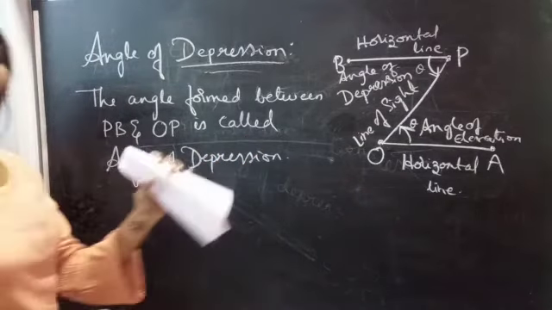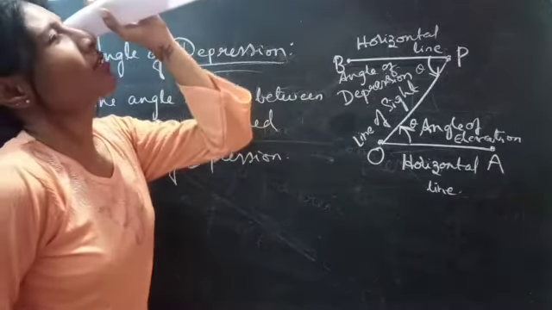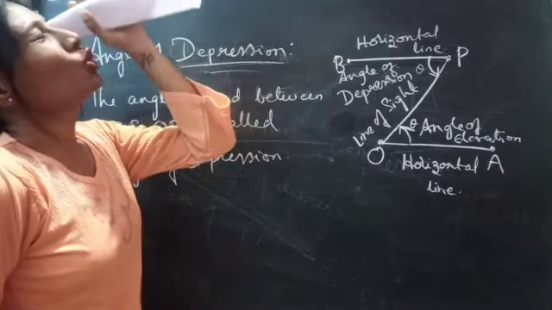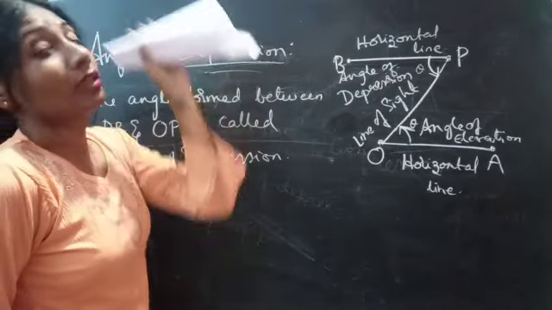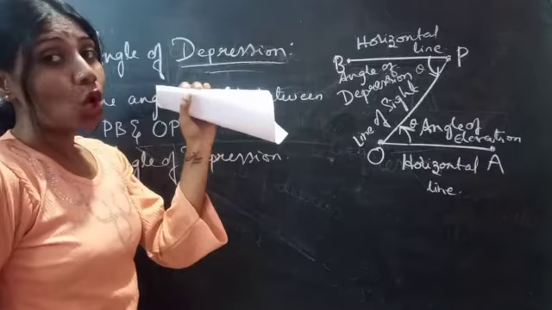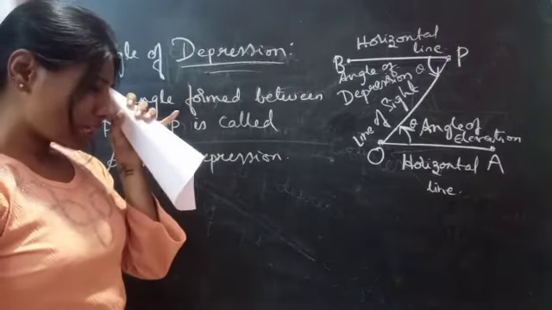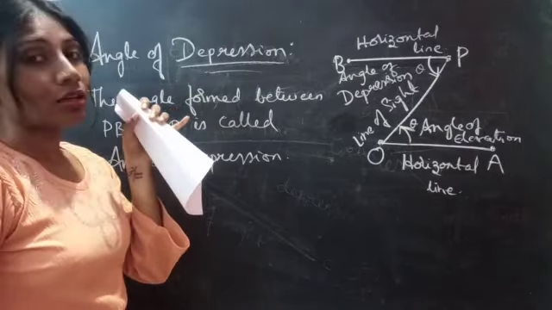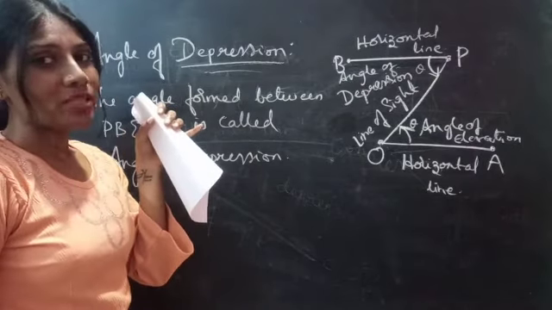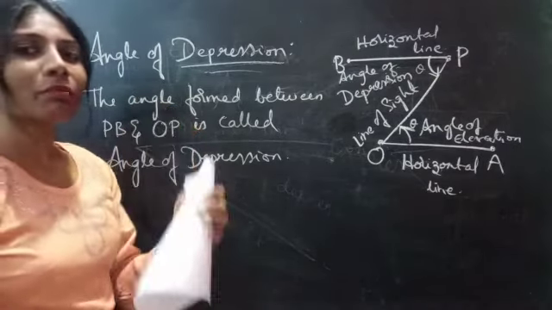Very simple. When you look at something in the sky, when you look up in the sky, the angle so formed is called angle of elevation. When you look down at something, the angle so formed is called angle of depression.